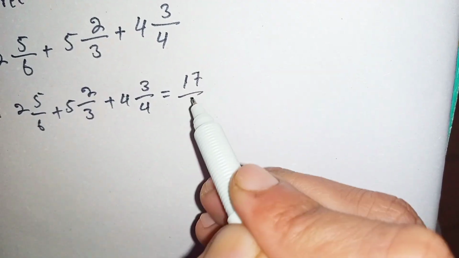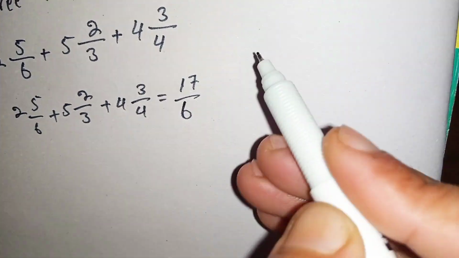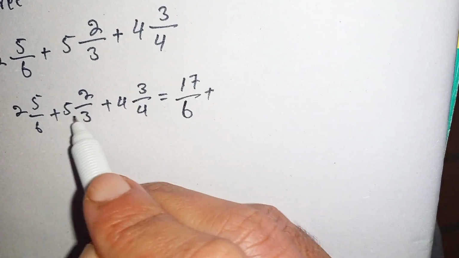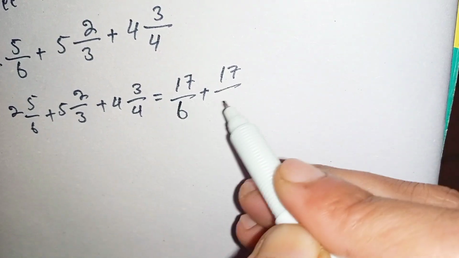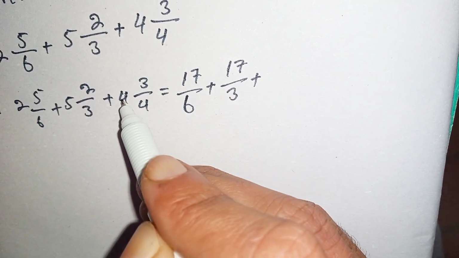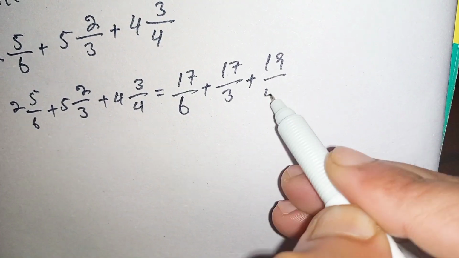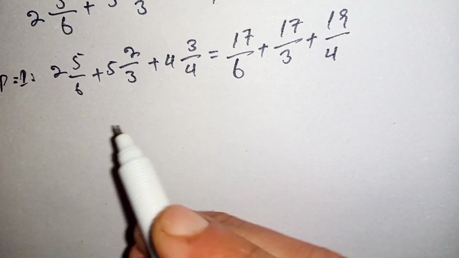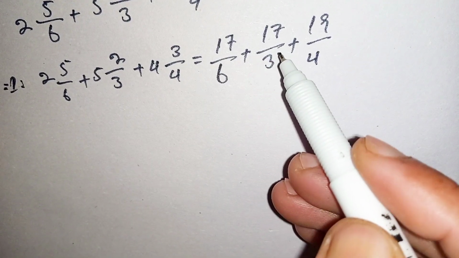Write 17 over 6 because we write the denominator the same, plus 3 times 5 is 15 plus 2 is 17. Write 17 over 3 plus 4 times 4 is 16 plus 3 is 19. So 19 over 4. In step 1, we converted the mixed numbers into improper fractions.